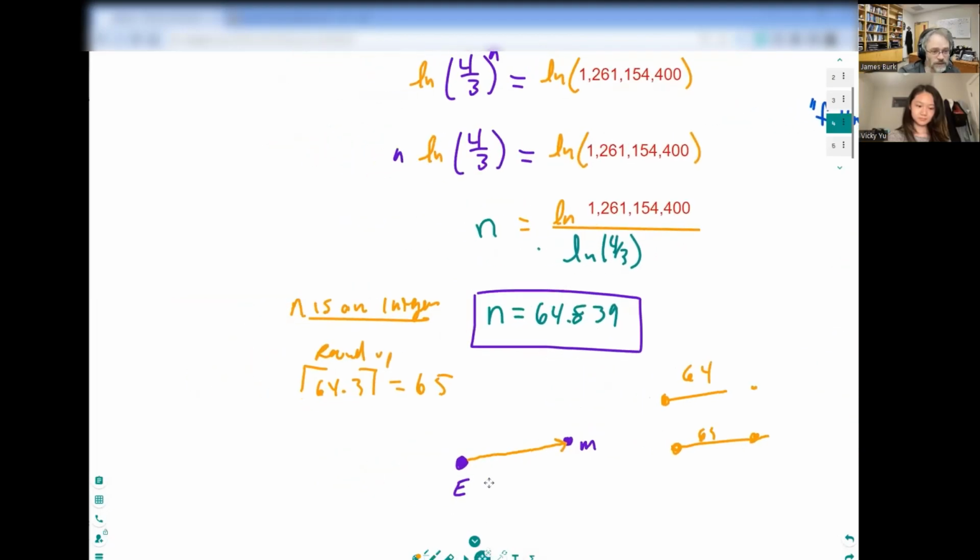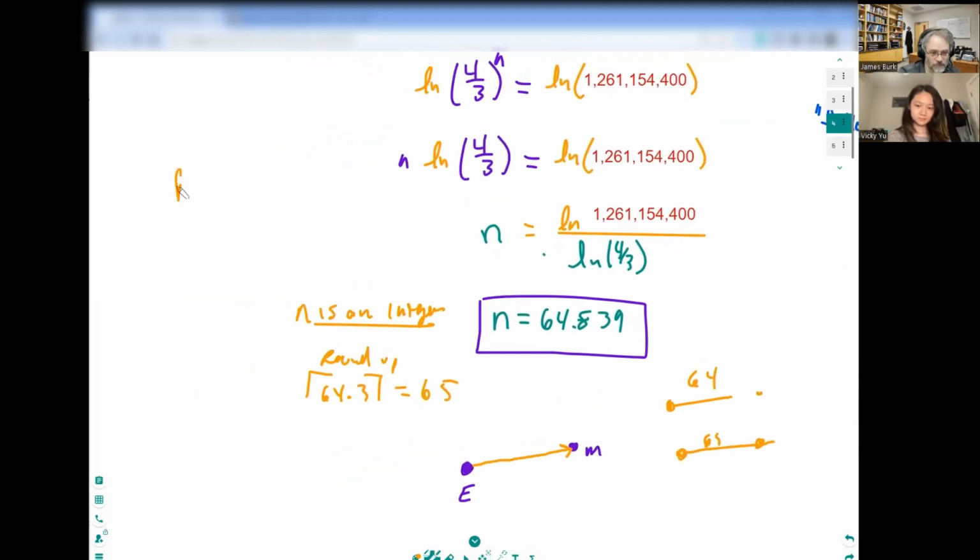Now, that's where the inequality came into play. P sub n is greater than or equal to whatever that value was over here on the right-hand side. And you would solve it for an integer. Now, if you don't work with the inequality, that's okay. You can work with the equality, just make sure you round up when you get done. Good. Look, it's a great problem.